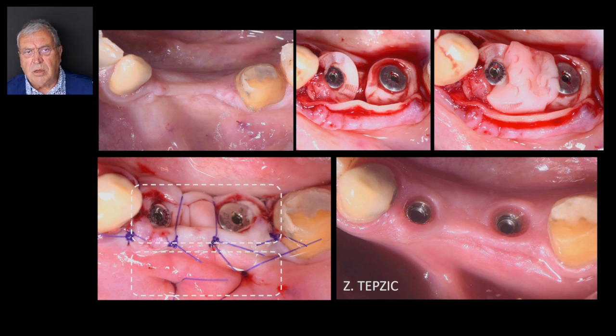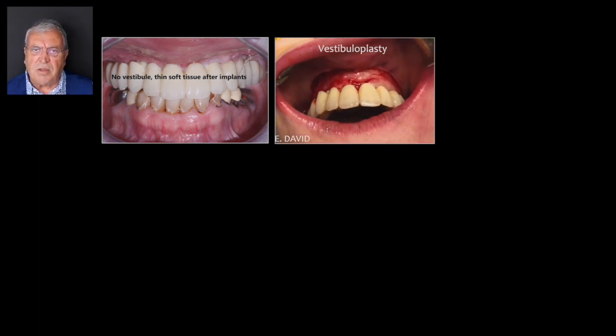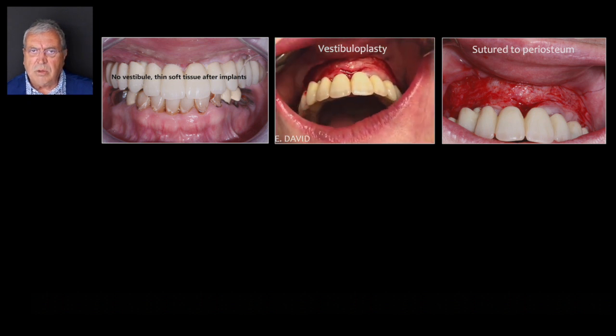We can use the PRF when we want to make a vestibuloplasty and the open wound. We do the split incision and we fix the flap to the periosteum. And then you see that the site is completely exposed.